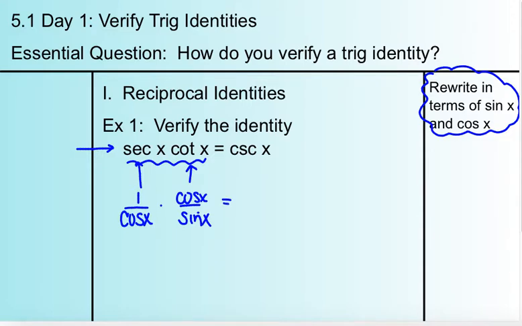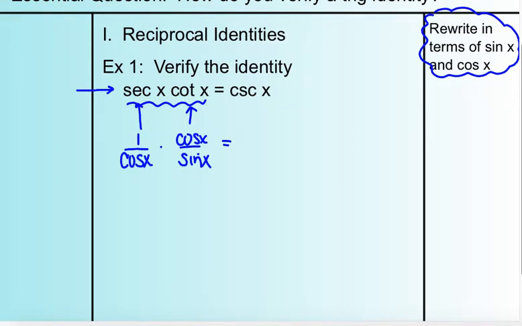We're leaving the right-hand side alone. Now we have a fraction times a fraction, so we can cancel a cosine of x from the numerator and the denominator. Now we simplify it and have 1 over the sine of x.